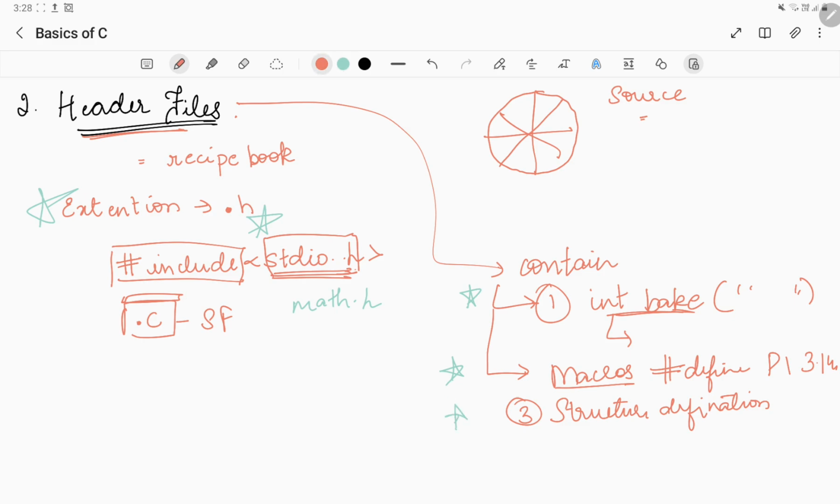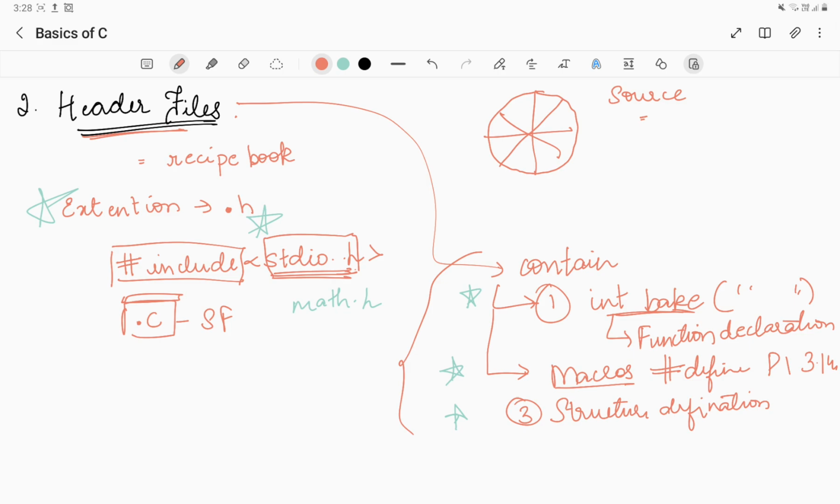I'll write this down for you. So these 3 points get in the contain part, and these 2 points are important. So a total of 5 points is very important for your exams.